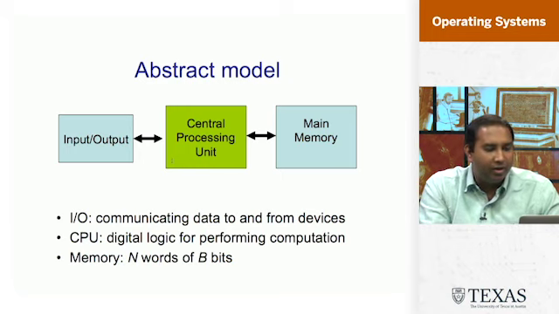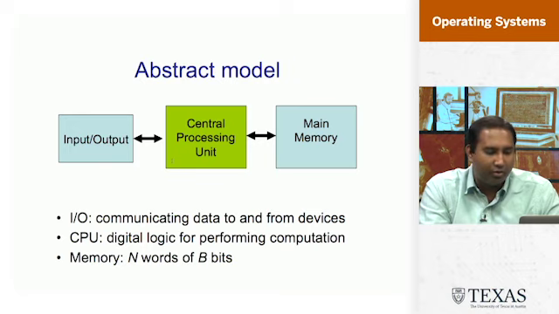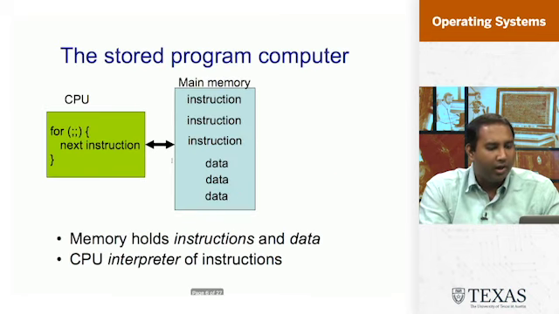It's going to take input and output, so you have, for example, a file on storage, and then it's going to be processed by this central processing unit. Now it's going to use main memory, your DRAM, your dynamic random access memory, to keep the stuff that it is working on.